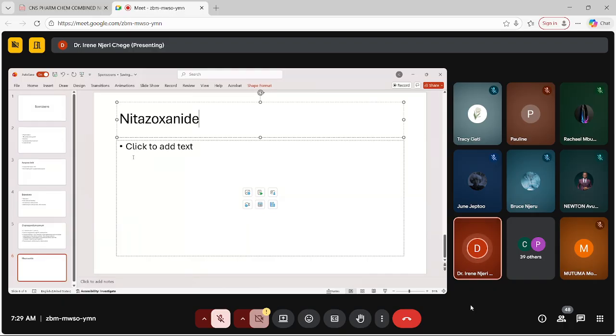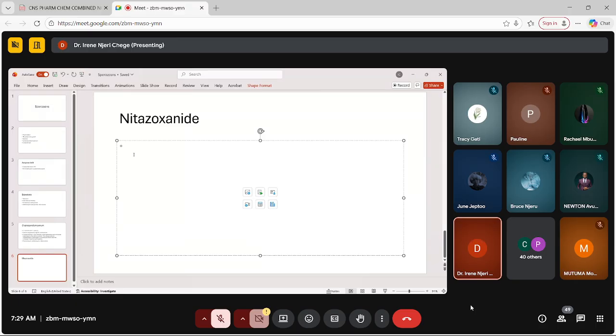So it has a ring similar to metronidazole and a ring similar to niclosamide. And when we say it is broad spectrum, we're saying it can be used as a dewormer, because it has a benzamidine ring. It can be used for T. saginata, and even Isospora belli, which we've just covered.